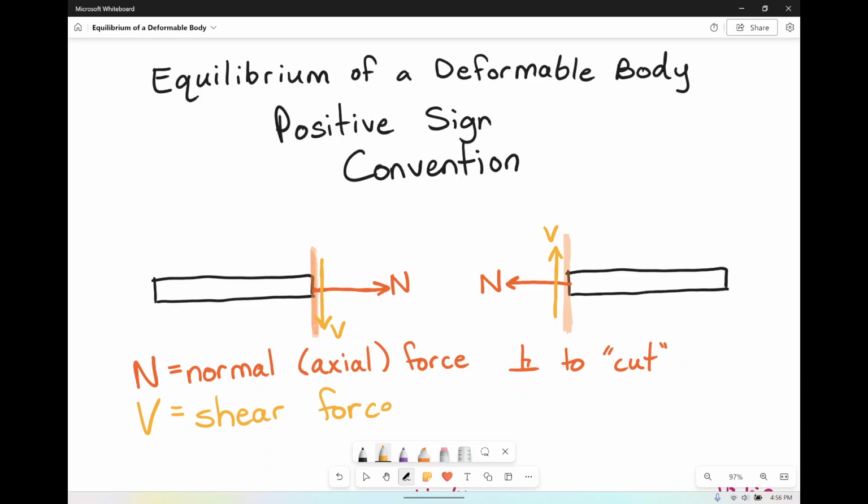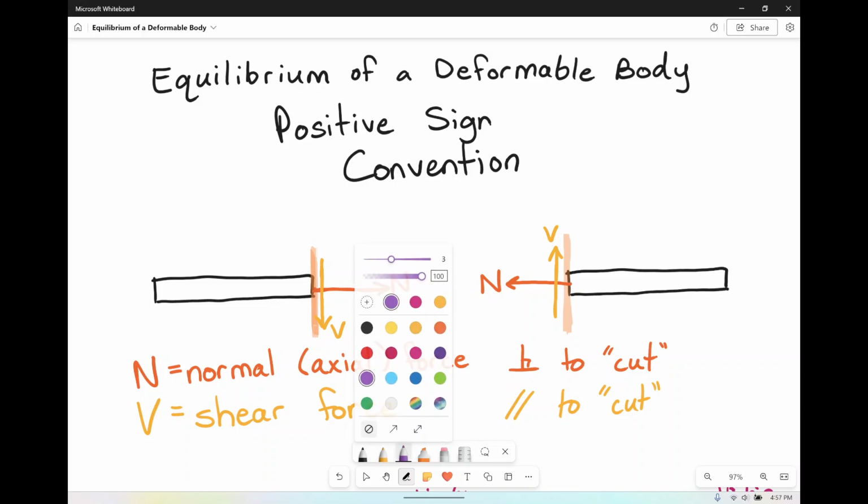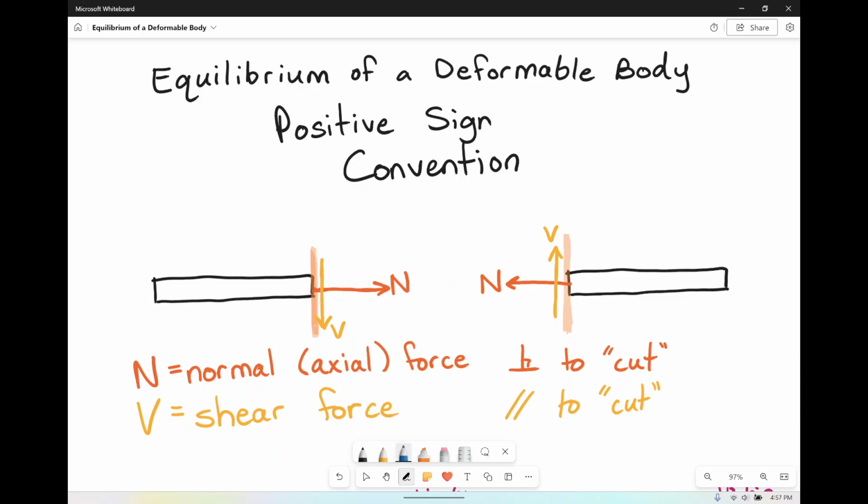This is a shear force, and that one's actually going to be parallel to our cut. Now in a 3D sense, you're actually going to have multiple shear directions, because you have a 2D face now. So you will have multiple directions for shear force, but we're going to mainly focus on the 2D for these videos.